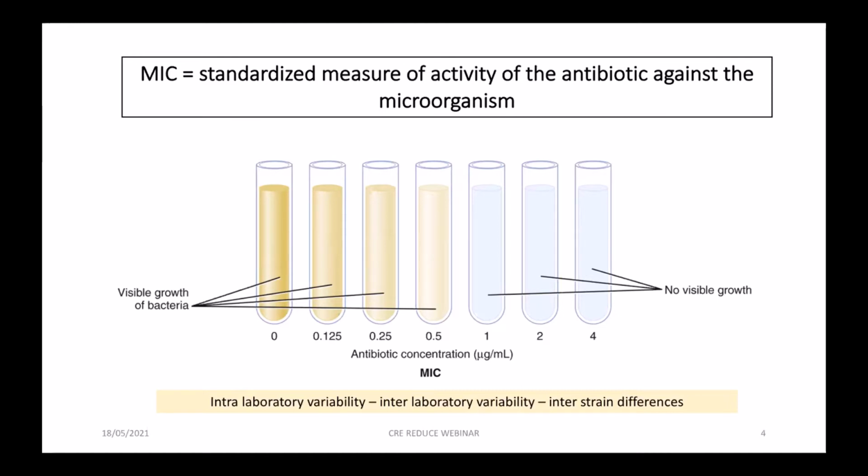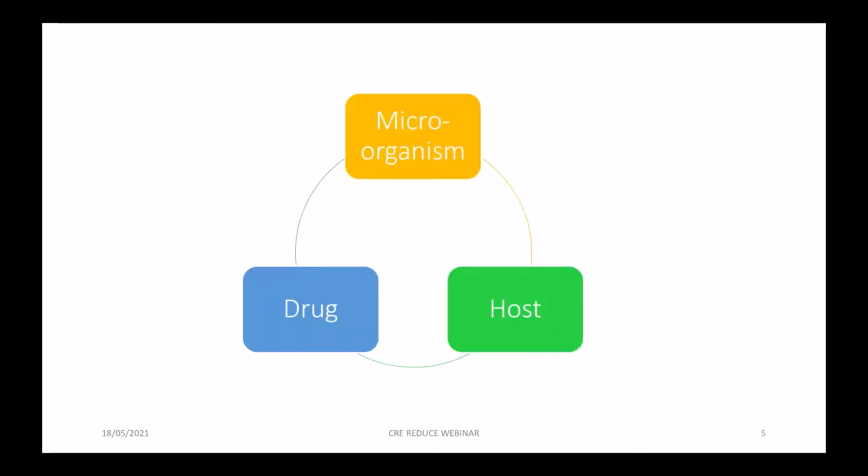These measurements will exhibit some degree of intra-laboratory and also inter-laboratory variability, as well as some differences between strains. So this variability will be an issue when we try to use MIC for defining our PK/PD targets, as we'll see in the next slides.